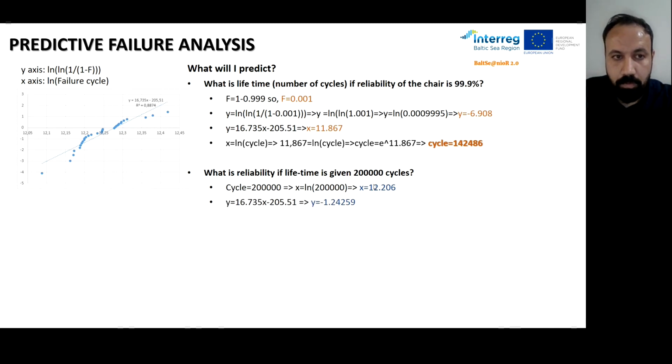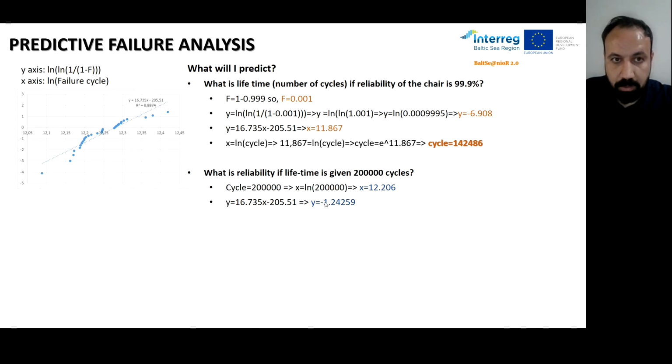Then, if I know x, I can calculate y from the equation I got from my plot: y equals 16.7 multiplied by x minus 205.5, and y is minus 1.24.